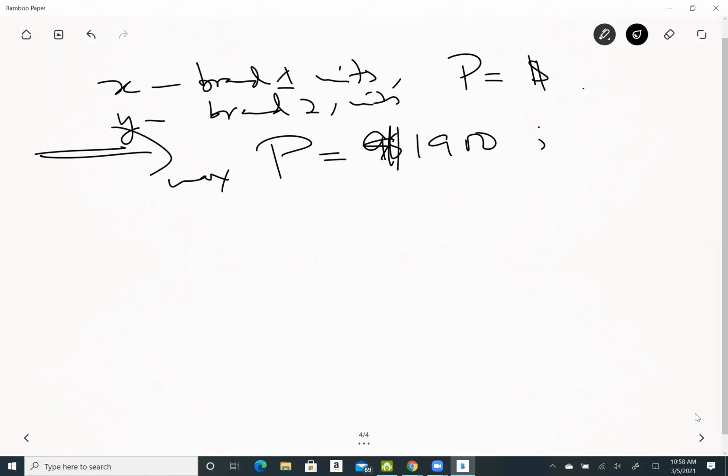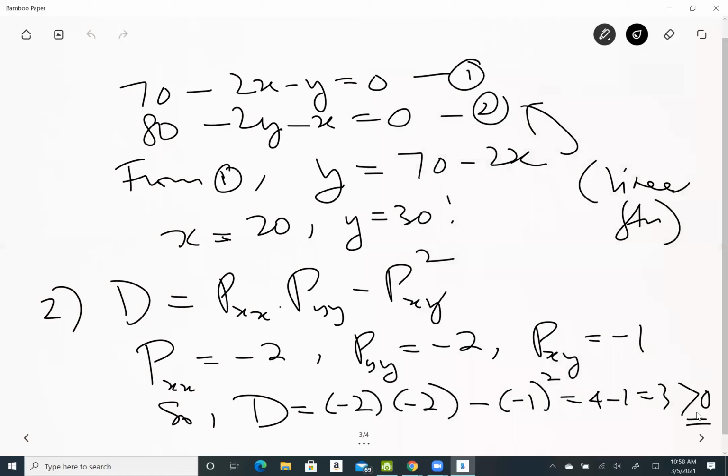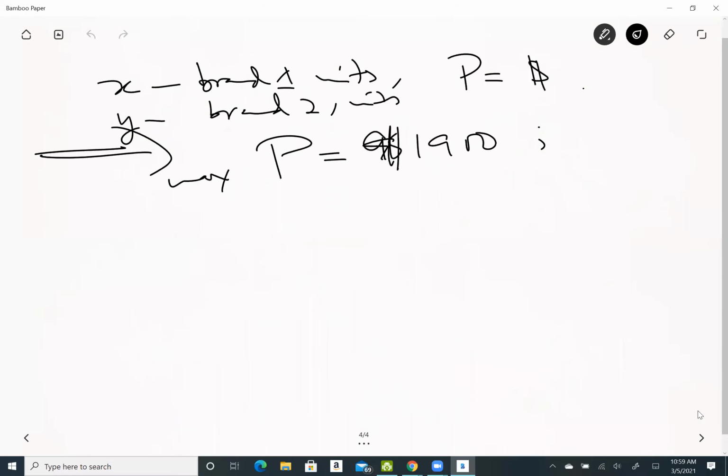To maximize profit, they have to sell whatever we had earlier, 20 units of brand 1, 30 units of brand 2, and the maximum profit is $1,900. How much was it? Right, 1,900. Okay, $1,900. That's all.